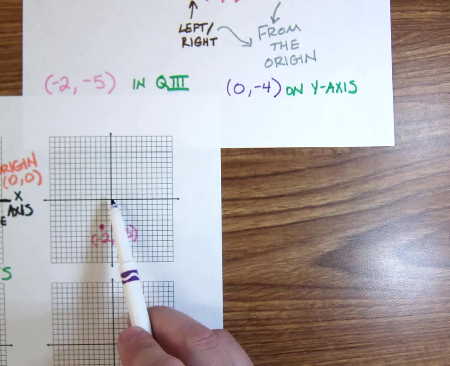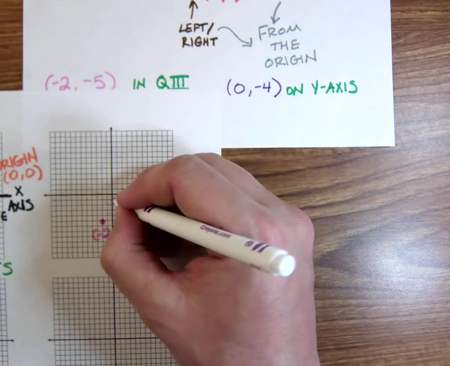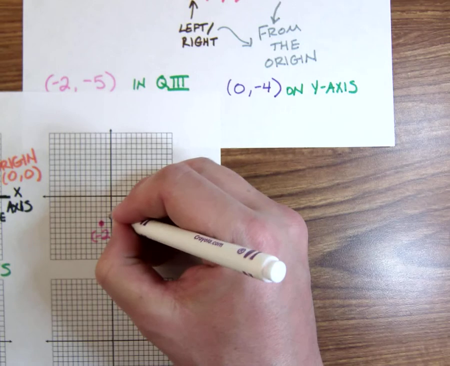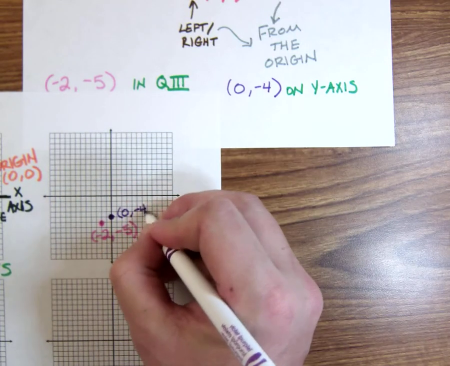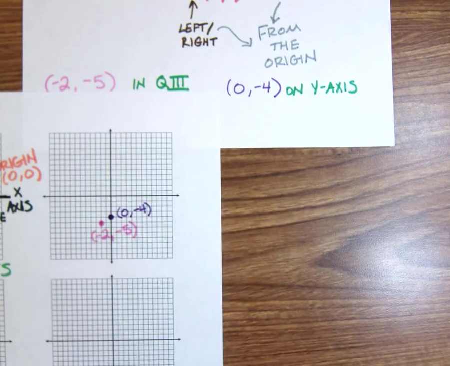I don't go left and right at all. I stay right there, 0 left and right. And then the y is -4. That means down 4. So down 1, 2, 3, 4. So if you said quadrant 3, you were close. If you said quadrant 4, you were equally close. It's right on the line between 3 and 4, which is called the y-axis.